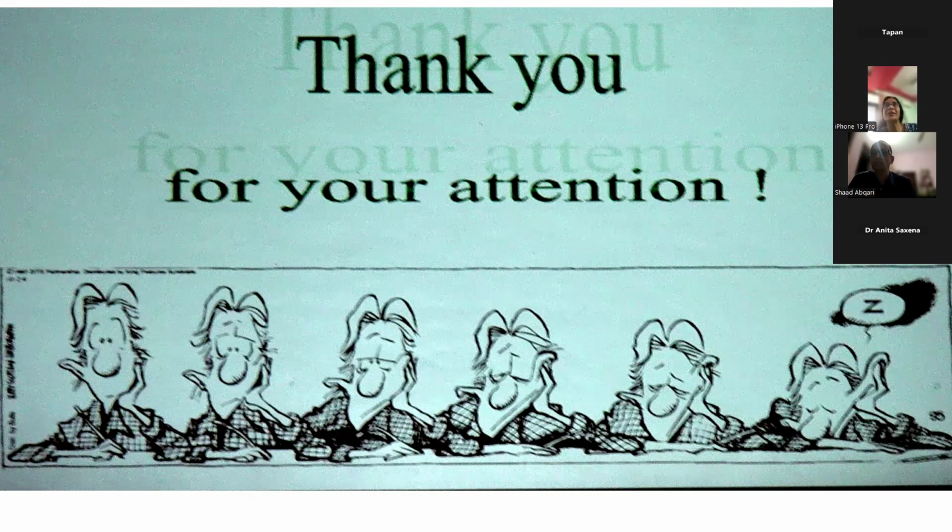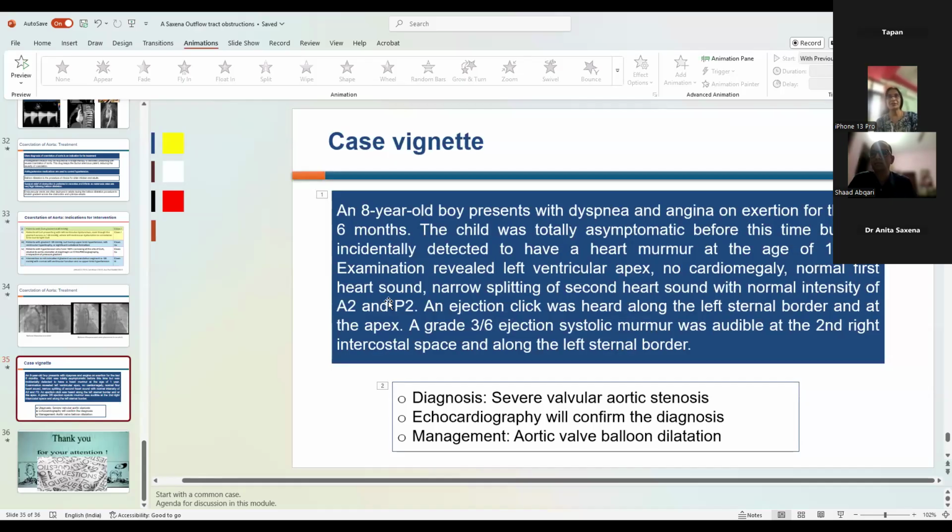Ma'am, what will be the follow-up for coarctation of aorta and aortic stenosis? What should be the plan of follow-up for the treating physician for isolated coarctation of aorta if it is not severe? You mean without intervention? Yes, without intervention. Mild coarctation of aorta, how to follow that?